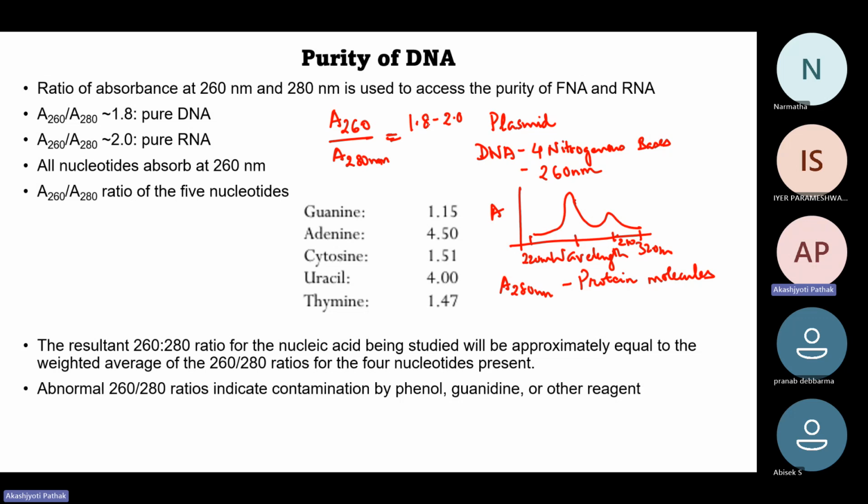And if this ratio comes greater than 2, then there might be RNA contamination. And if it is less than 1.8, then we say that the sample must be contaminated with protein molecules, or my DNA is not pure and it might have protein molecules as well.